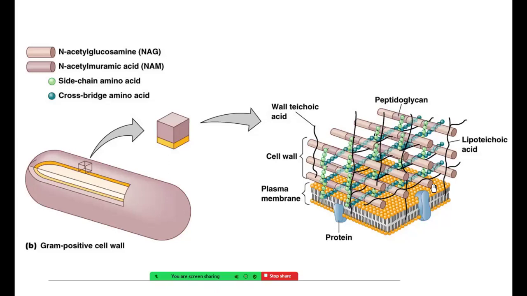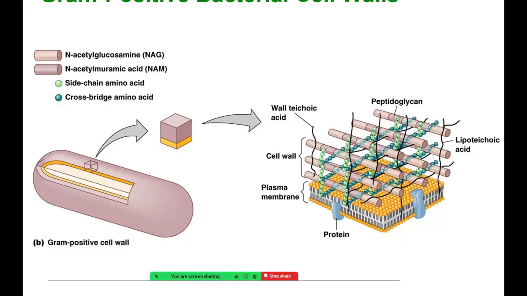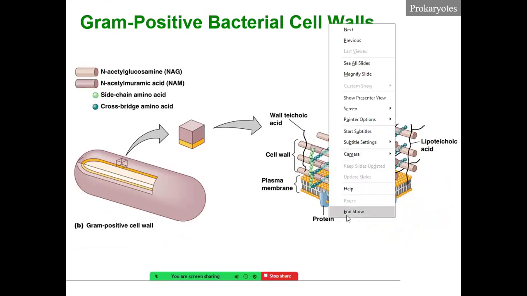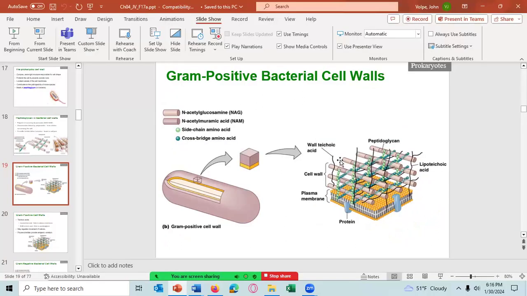The teichoic acid, as well as the lipoteichoic acid, is also thought to aid in cations. It's thought to help the cation move through the peptidoglycan. The cation does not require the teichoic acid to help it move through the cell wall.